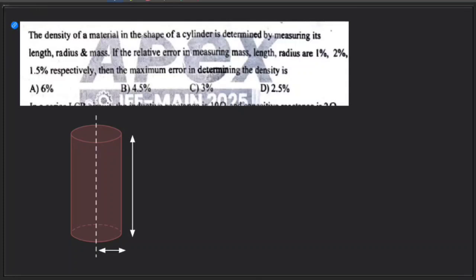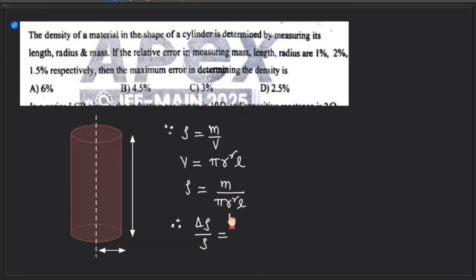Therefore, the basic density formula: density is equal to mass per volume. Since it is a cylinder, the volume is pi r square L. So density is mass by pi r square L. The maximum error can be written as delta rho by rho equal to delta m by m plus 2 into delta r by r plus delta L by L. This is the fractional or relative absolute error.